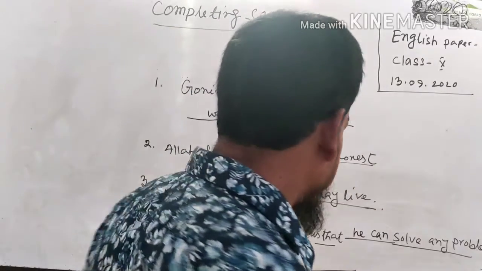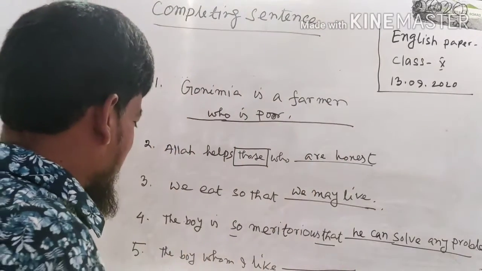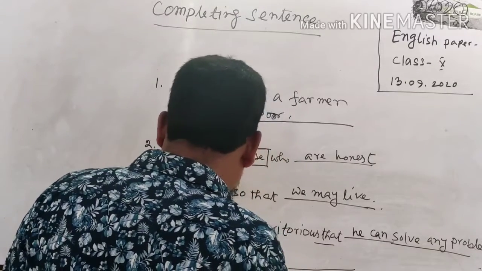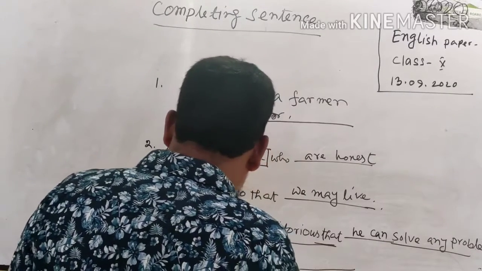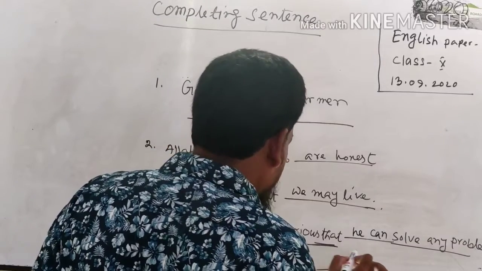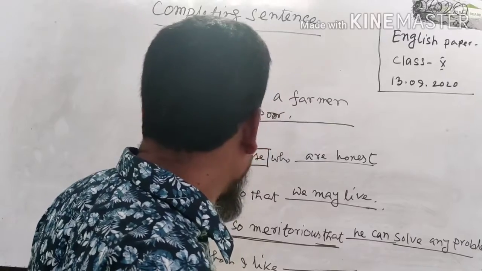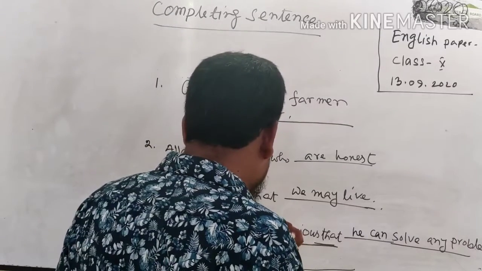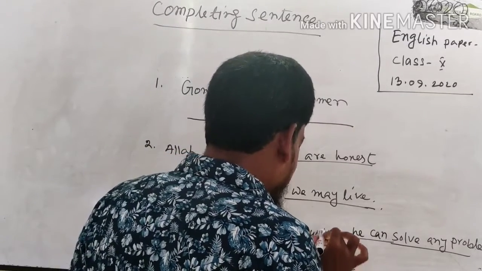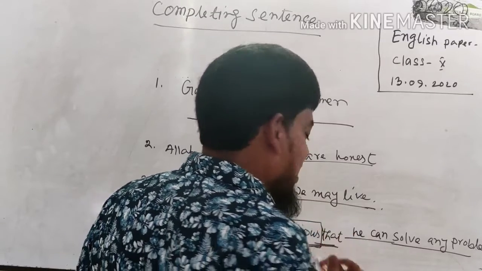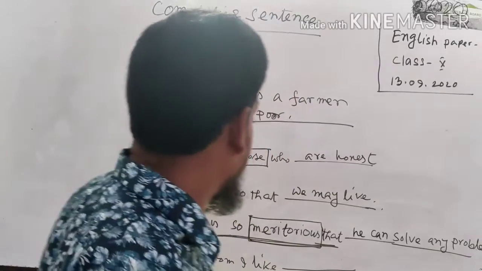Dear student, we should remember that if the first portion of a sentence is positive, the second portion will also be positive. The boy is so meritorious. Meritorious is a positive word; it expresses a positive thing.